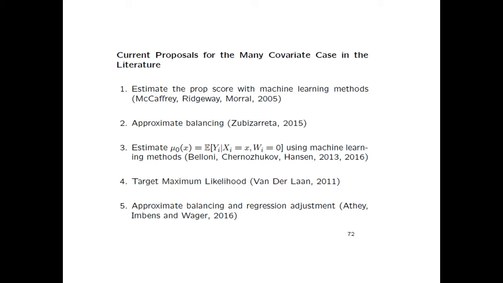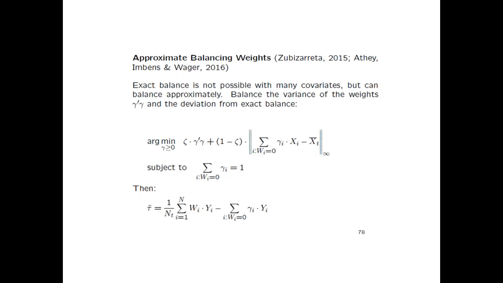Okay, so now let me get back to the causal part. And so here I'll be talking a little bit about some joint work with Susan Athey and a new colleague of ours, Stefan Wager, who just finished his PhD at the statistics department at Stanford.